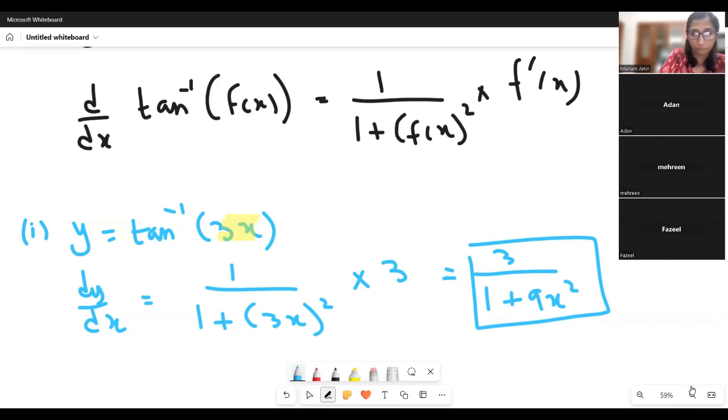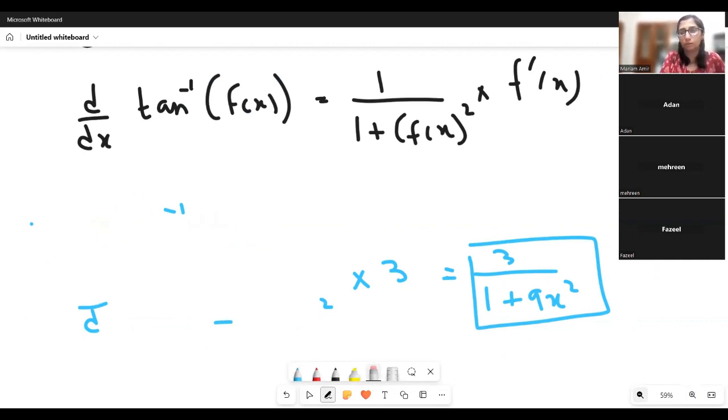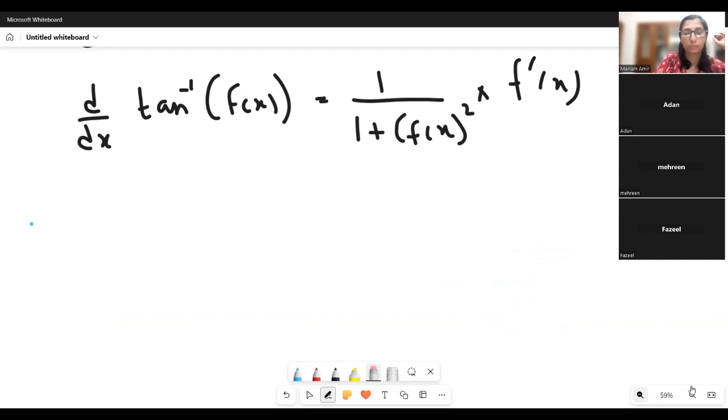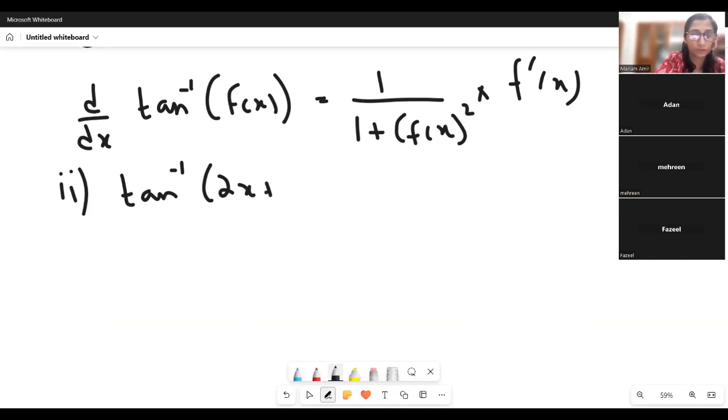Part 2. Part 2 is tan inverse 2x plus 3.